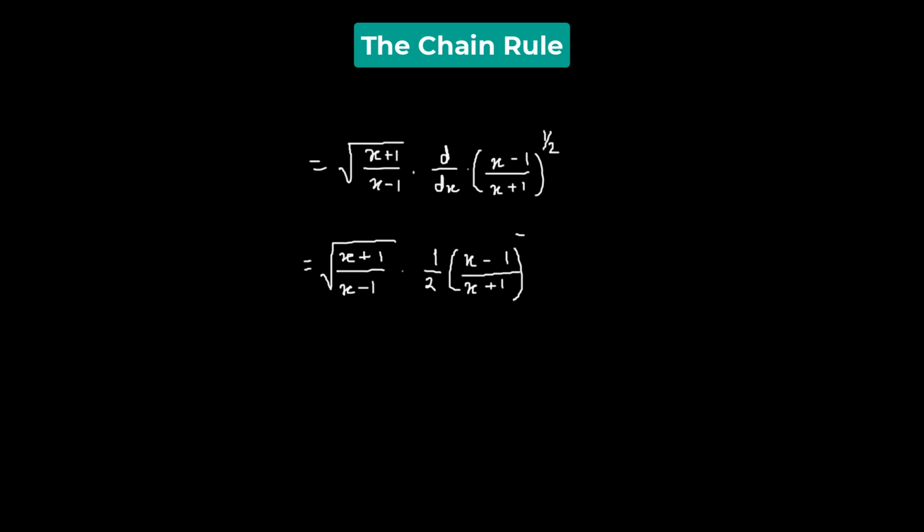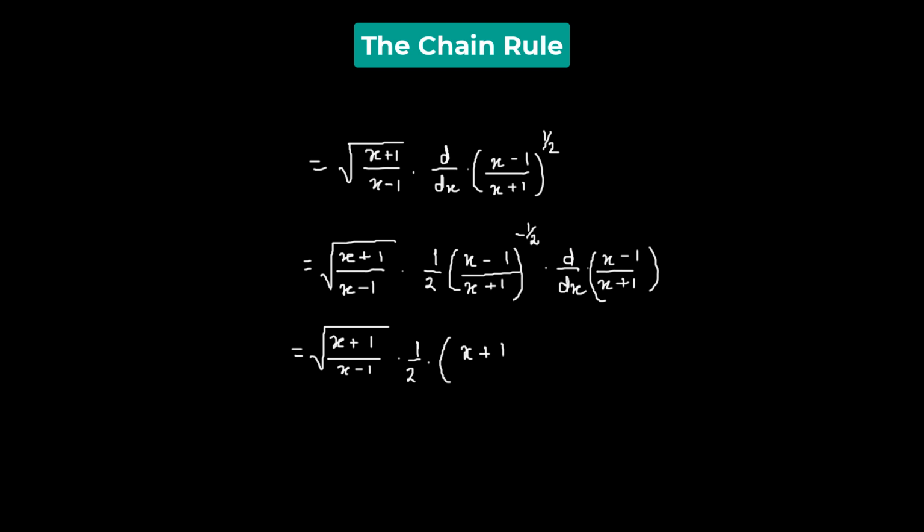So half minus 1 is simply negative half, multiplied by the derivative of x minus 1 over x plus 1. So this is equal to 1 over the square root of x plus 1 over x minus 1 times half, or we can now flip the numerator and the denominator.